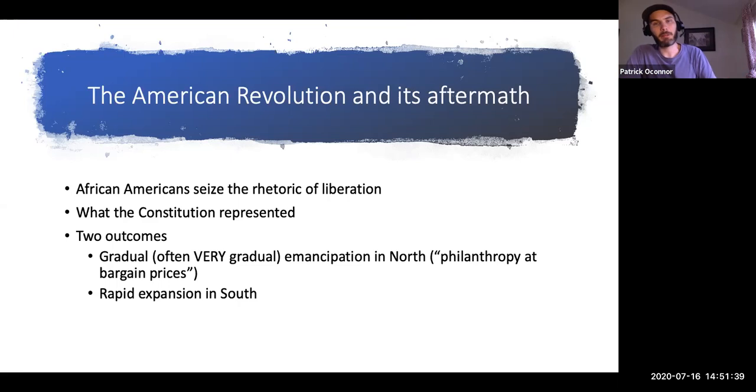And after the Revolution, there are two great transformations that are going to radically alter African American life in these new United States. The first one is the initiation of slavery's demise in the societies with slaves of the North.